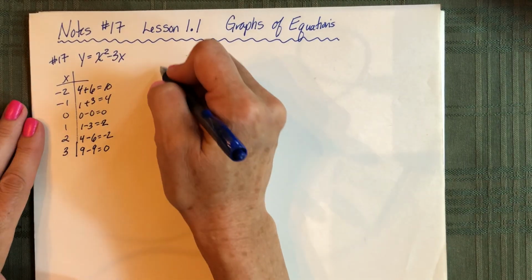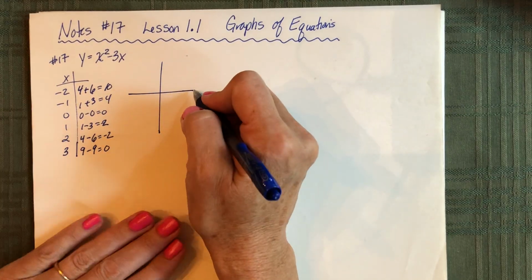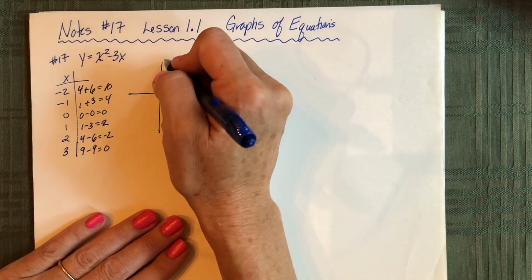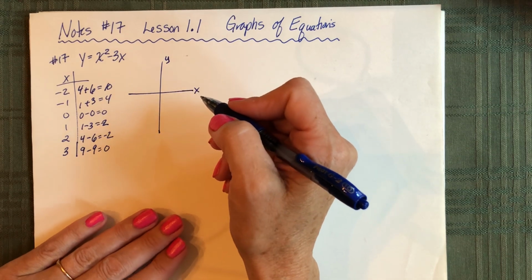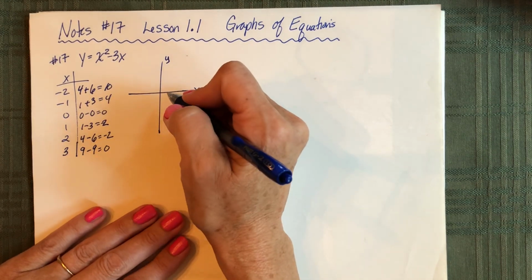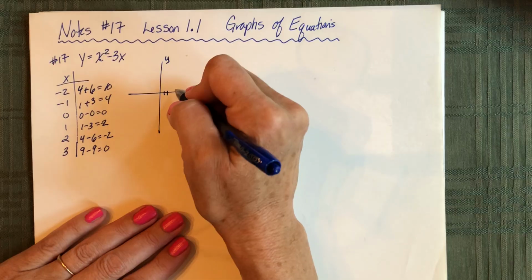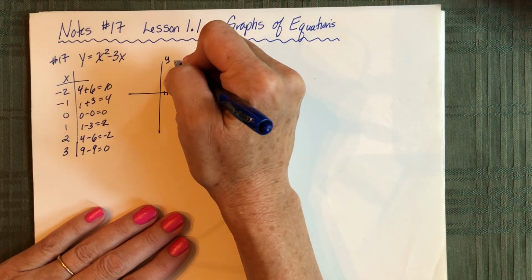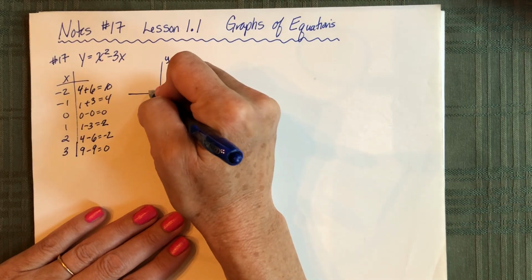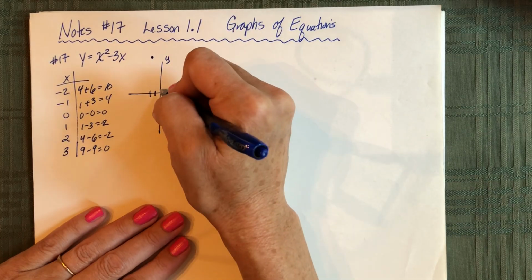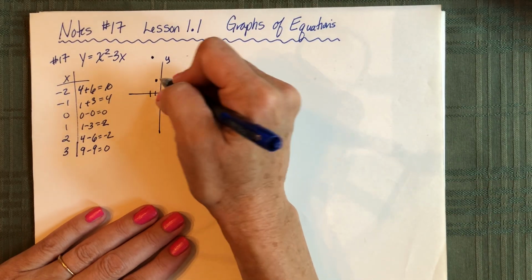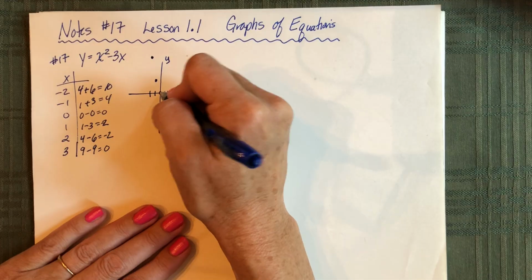Okay, so if I go ahead and I graph those points on my Cartesian coordinate, leaving this one x, this one of course is y, I would have -2, 10. Well, that's going to be like way up here, right? -1, 4. That's going to be like here. I'll have 0, 0.